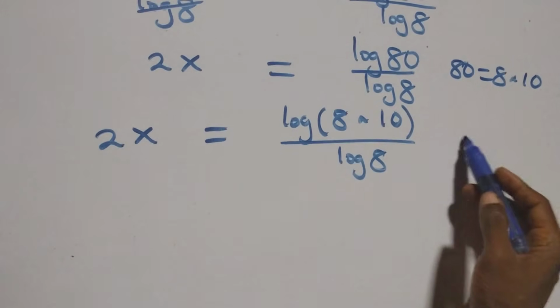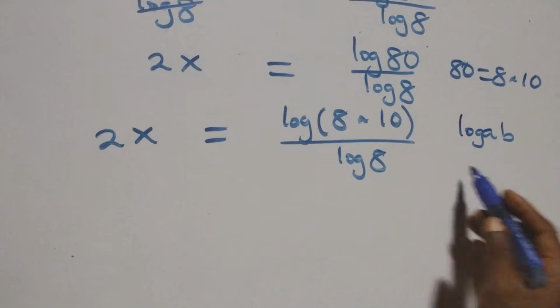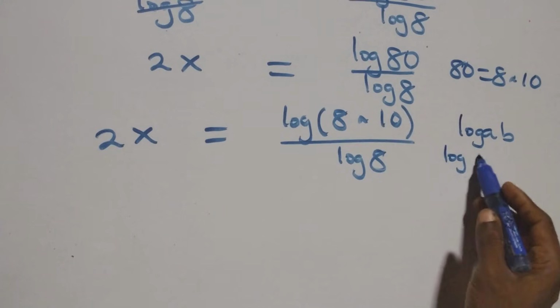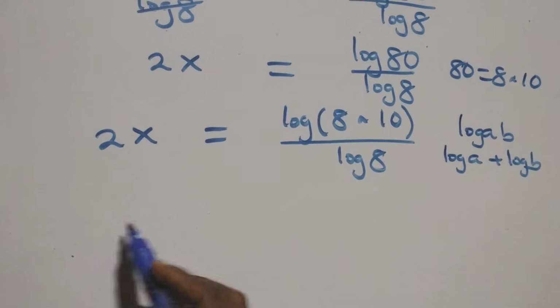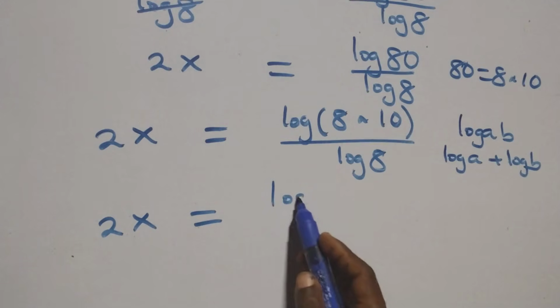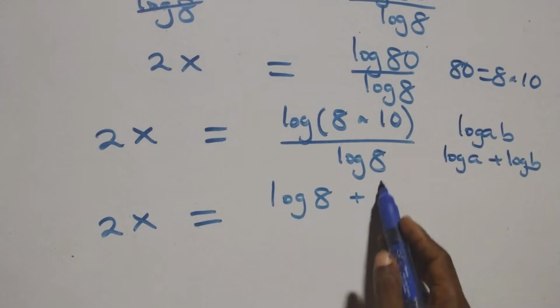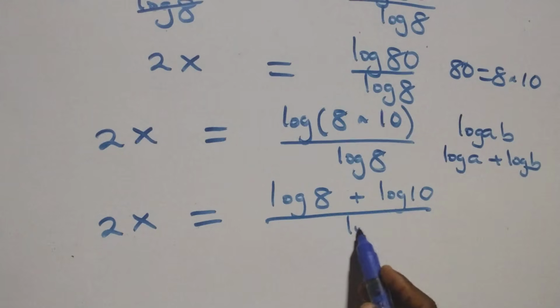This also follows the law of logarithm. When we have log a times b, we can write this as log a plus log b, which implies 2x equals log 8 plus log 10 over log 8.